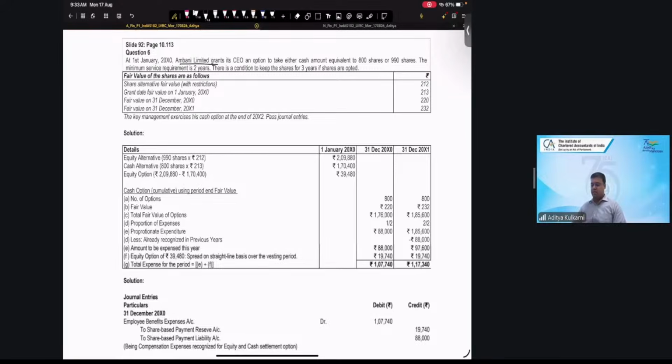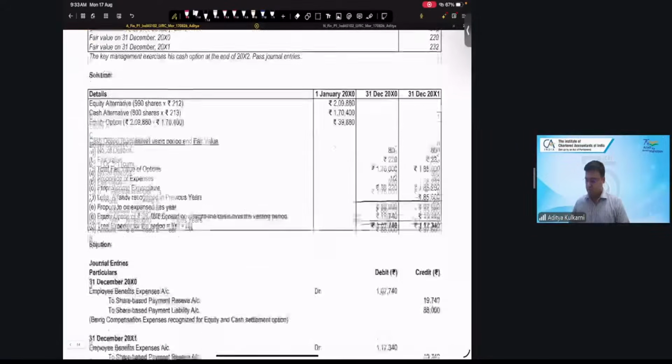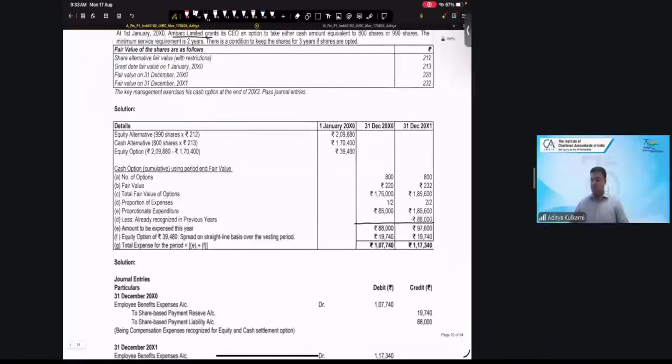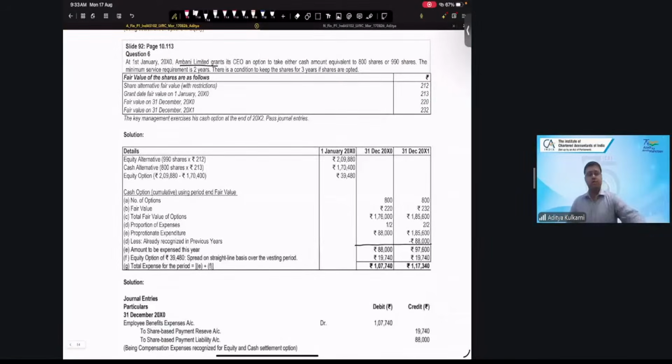Only figures are different. So try this out. Let us see.